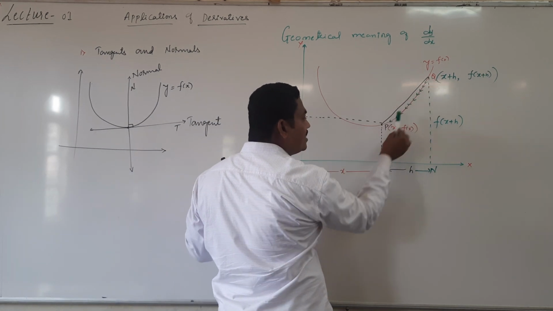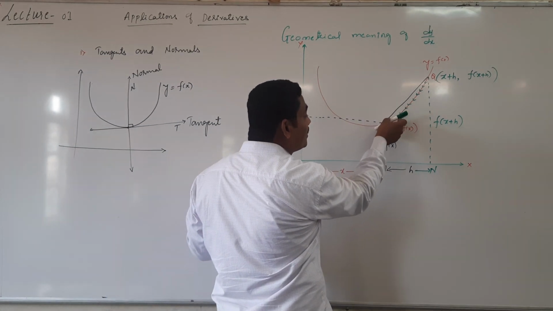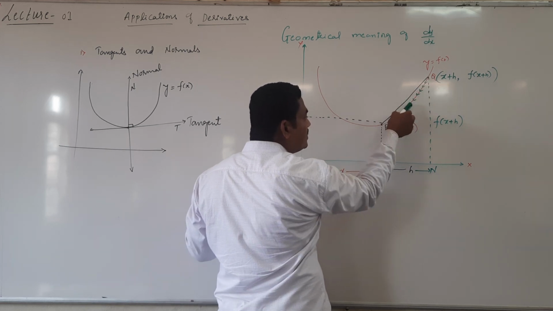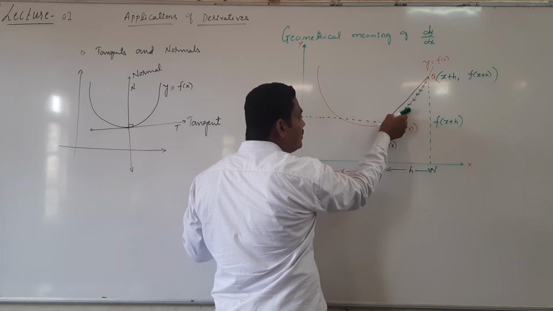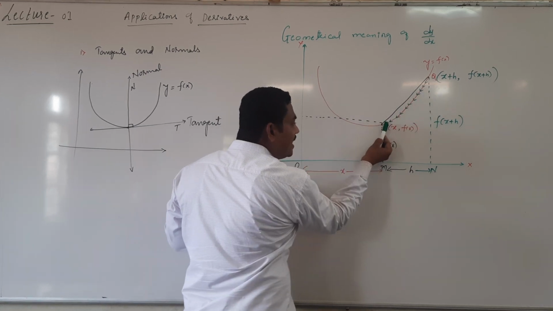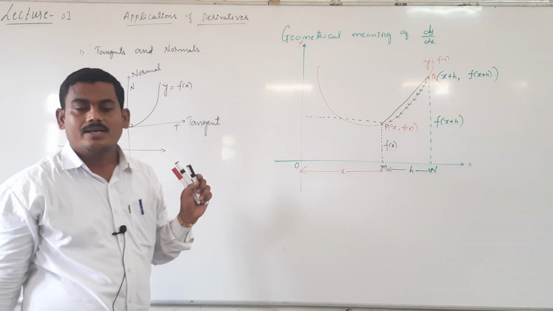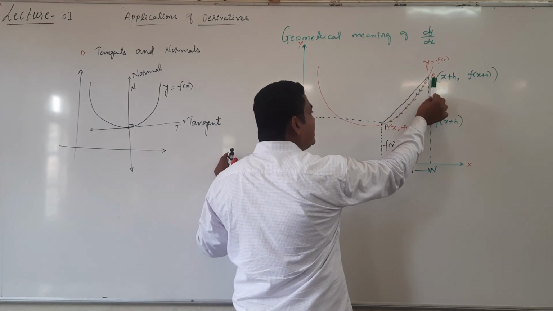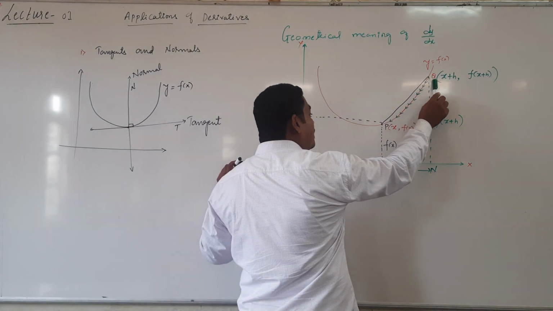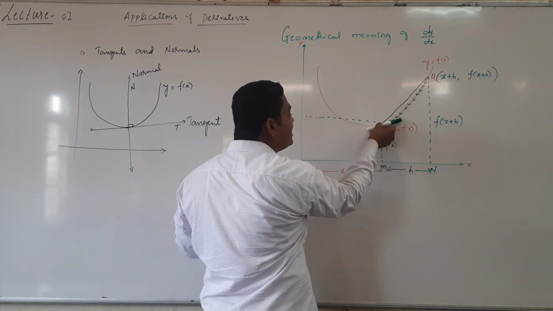If this point Q is very close to P but does not coincide with P, then this line looks like a tangent. Whenever Q is far away from point P, it is a secant line. Whenever Q is very close to point P, then this secant PQ line looks like a tangent.